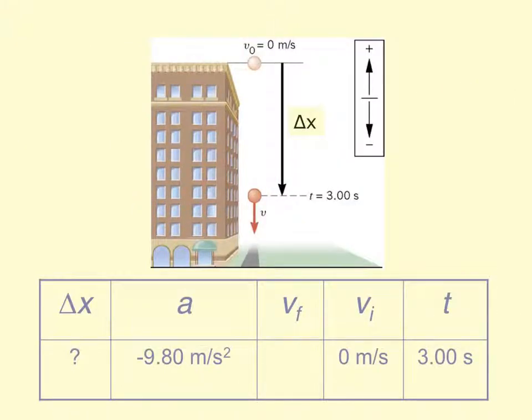And here you have it, just what we did previously. We assumed the acceleration was negative 9.8, and we had an initial velocity of 0 because we dropped it, and the time was given to us. All of a sudden, we have those 4 variables we either have or are looking for, and velocity final has nothing to do with the problem. So let's plug that into a Fab 5 problem.